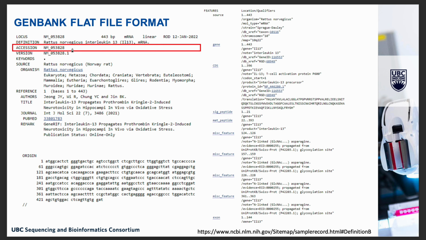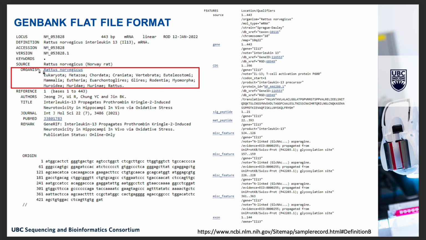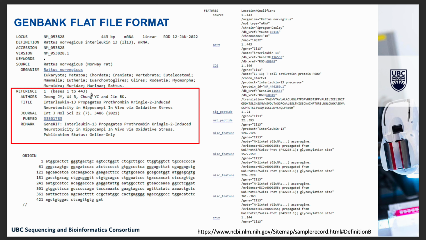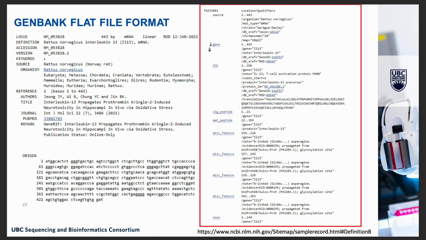Then we have accession, then version, then keywords, then source, then organism, and then reference. In the reference you can see the author details, then the publication title, then the journal name, the PubMed ID, and the remark. And then we have the origin, the sequence, and different features including source, gene, and CDS.